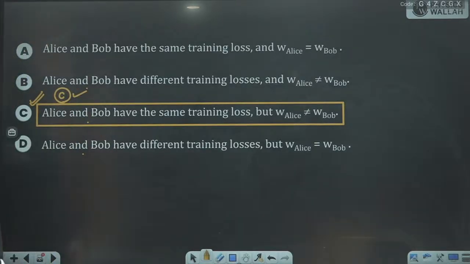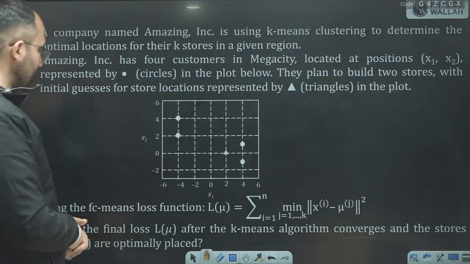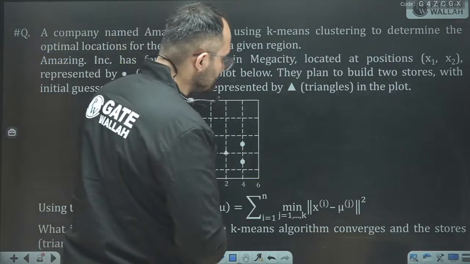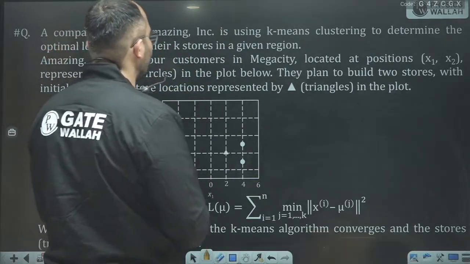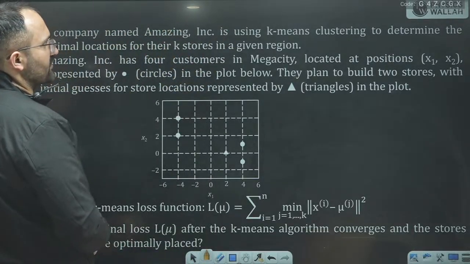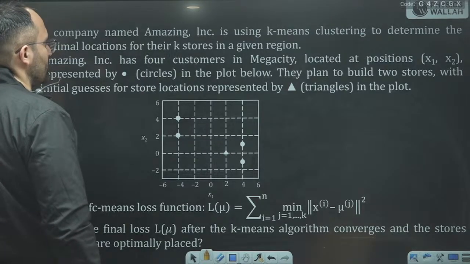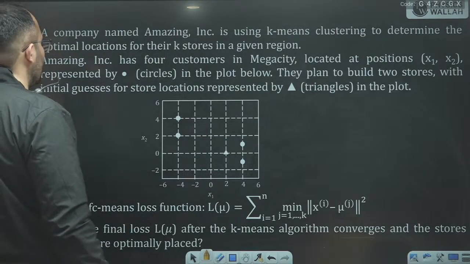Now let's see a question. A company is using k-means clustering to determine the optimal location for their K stores in a given region.